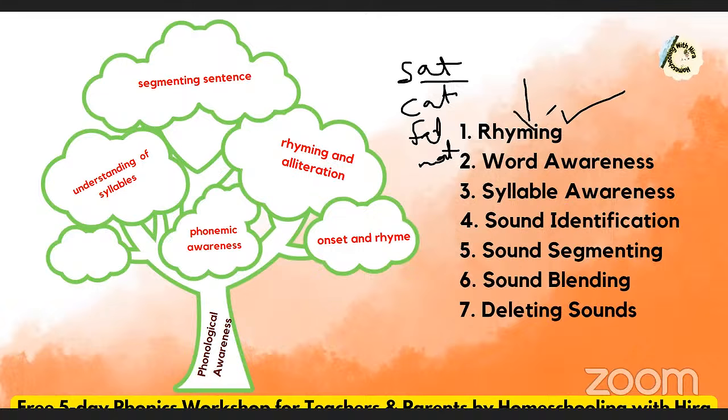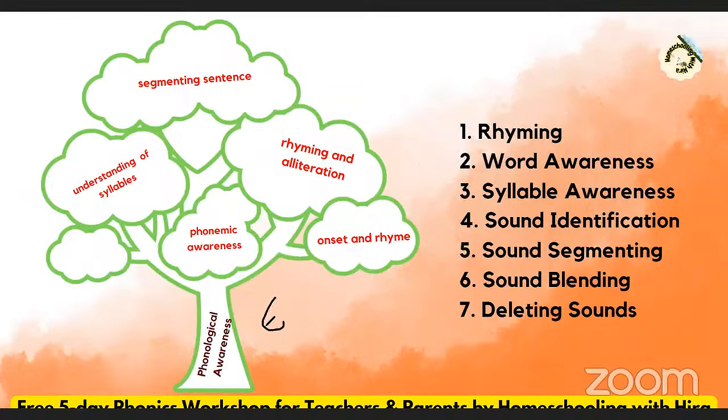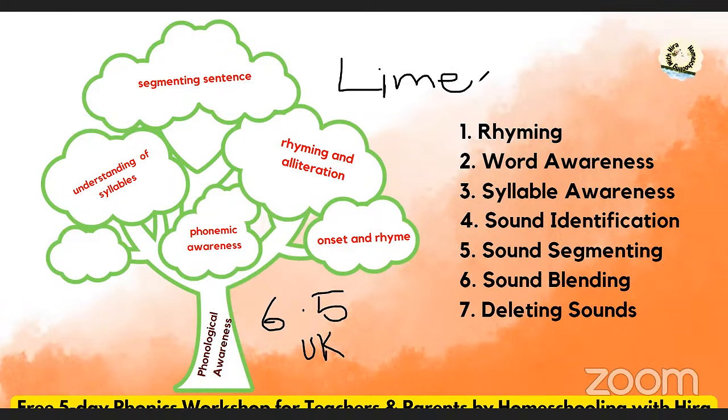This rhyming will help us in writing poems. I have a student. She is 6.5. She's based in UK, right? There they are teaching her limericks. Have you ever heard about limericks? Who knows about limericks? It's a type of poem.